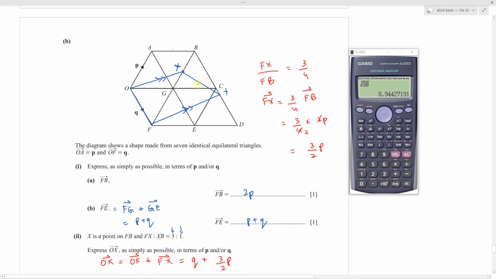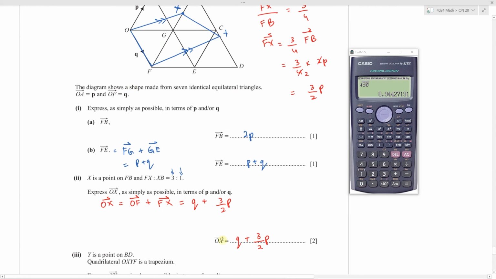I can write XY using the head to tail rule as XO, because we calculated OX in the previous part, so XO will be simply the negative of this, plus OF, which is also known, Q, and then the last part is this FY. If I can calculate FY, I can use the head to tail rule: XY will be XO plus OF plus FY.